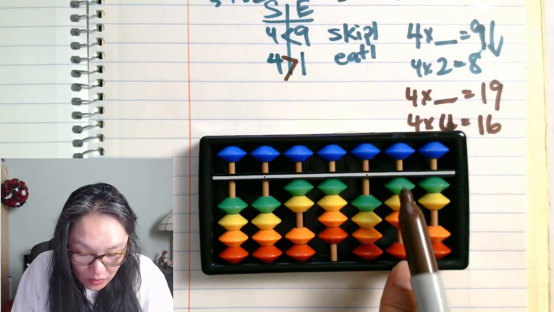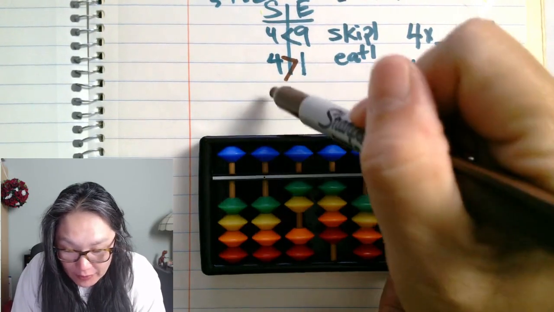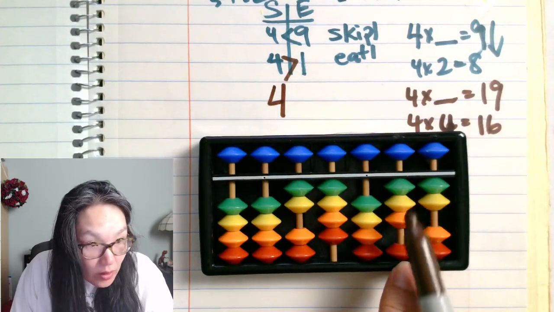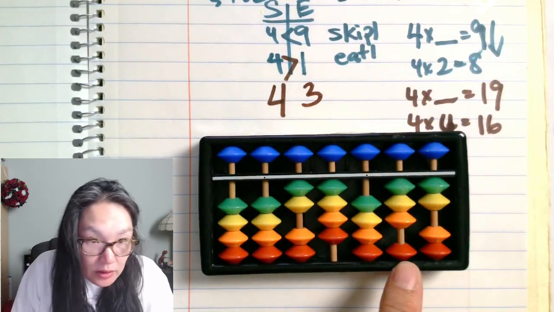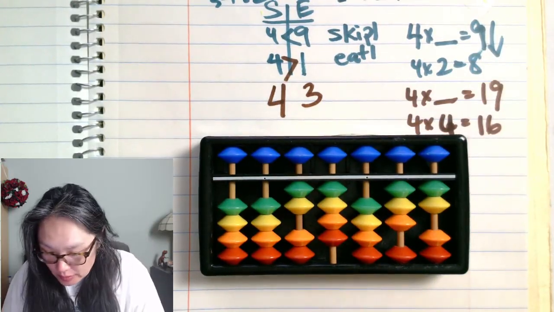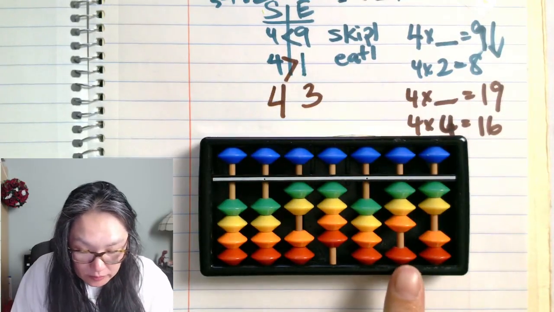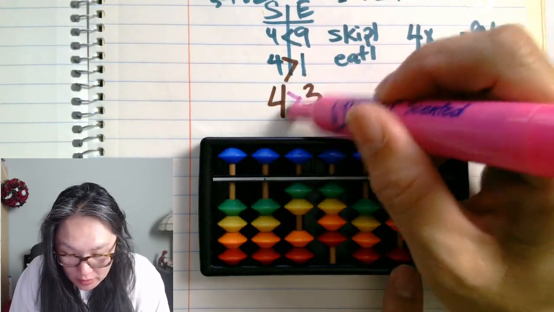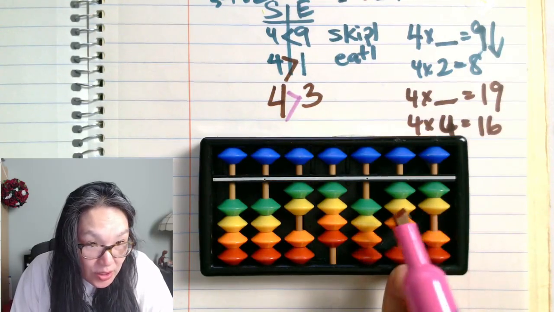So now I'm going to compare again because I still have dividends. I have my 4 or I have 3, right? Who is bigger, 4 or 3? And I'm going to change to another color, right? Which one's bigger? My 4 is bigger. So what's going to happen? I take these 2 digits, these 2 columns.